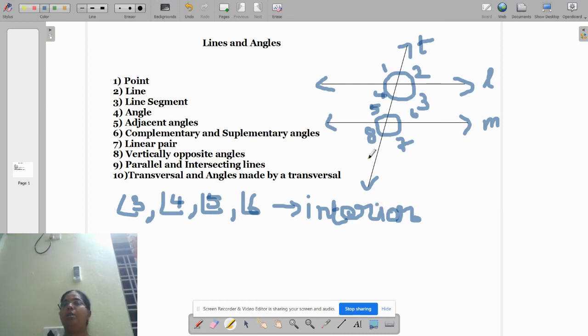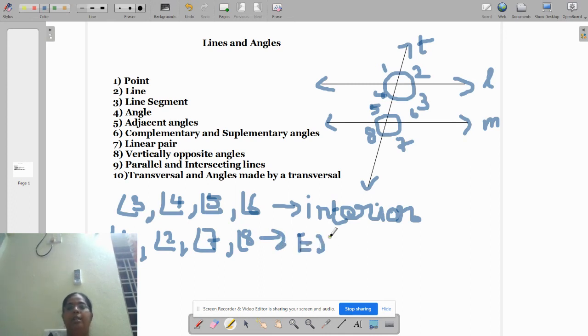The angles which are outside the lines, means 1, 2, 7 and 8, angle 1, angle 2, angle 7, angle 8, these angles are called as exterior angles.